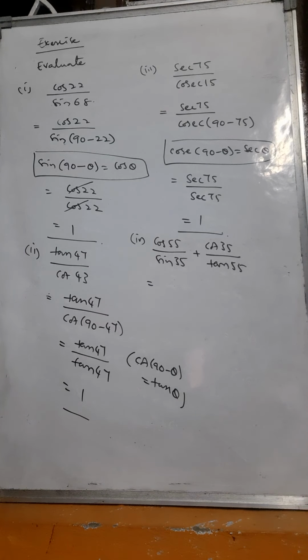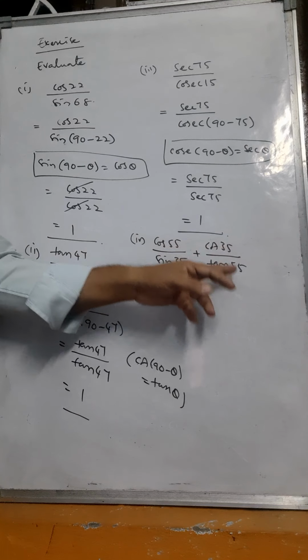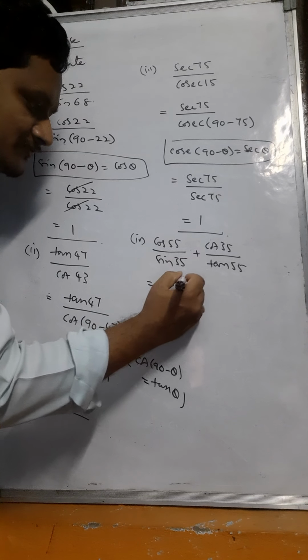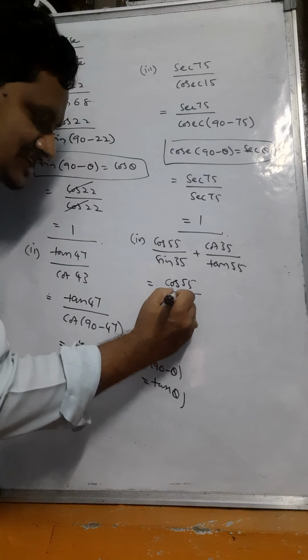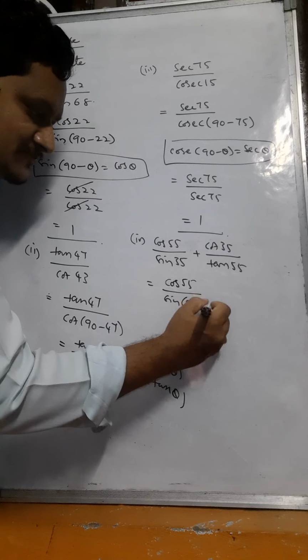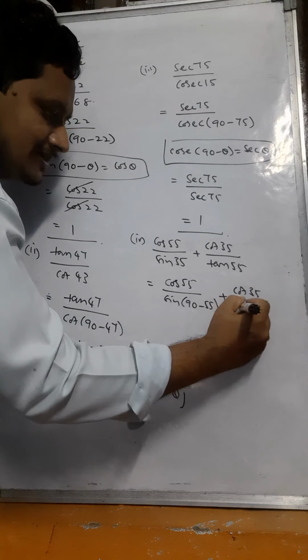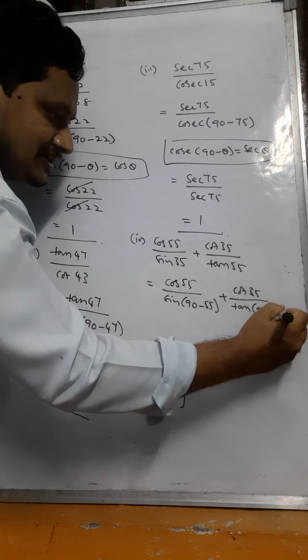So both are complementary angles. Here 35 and 55 both are complementary angles. So change any one of them. Cos 55 by sin 90 minus 55 plus cot 35 by tan of 90 minus 35.